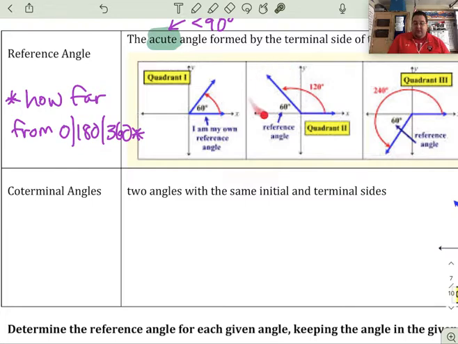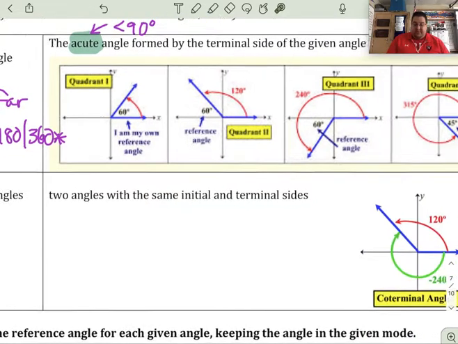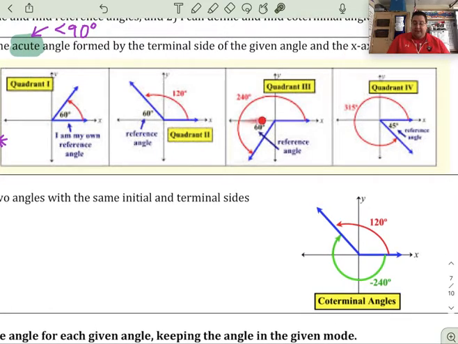If you're over here in quadrant 2, then what the reference angle gives us is how much further that angle would need to go to get to the 180 over here. Quadrant 3 is basically how much past 180 have we gone. So in this one, the example that they gave is a 240 degree angle all the way around there.